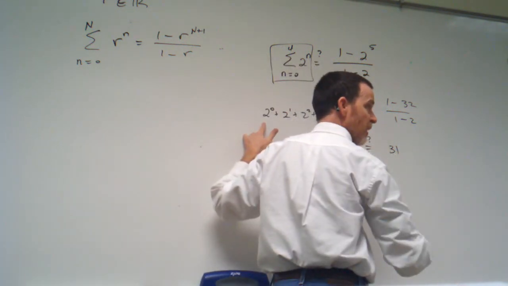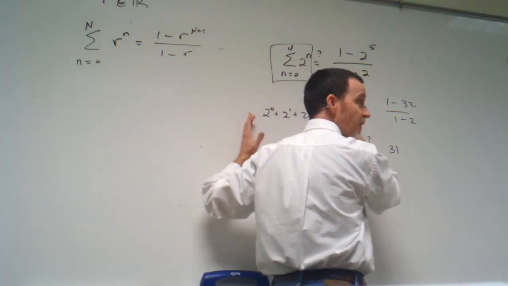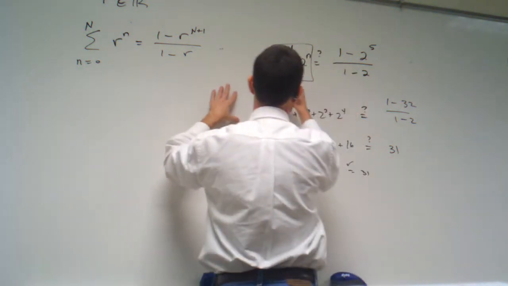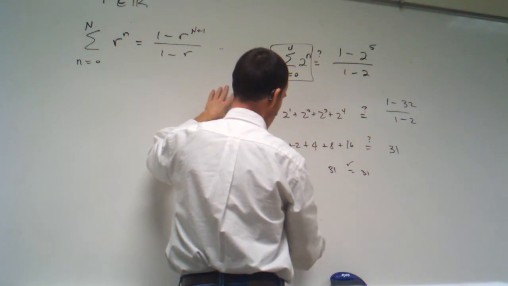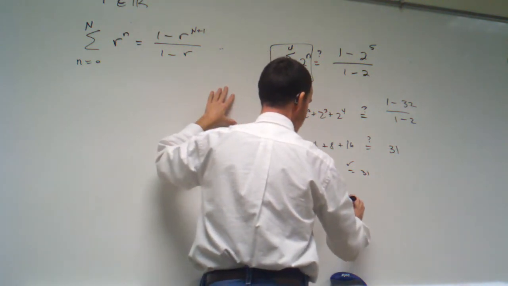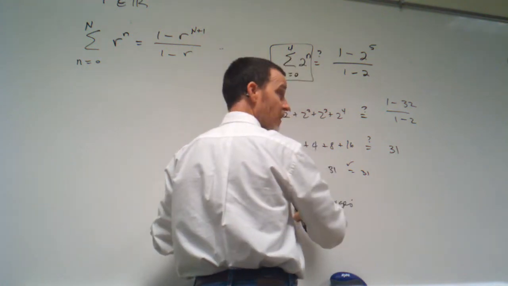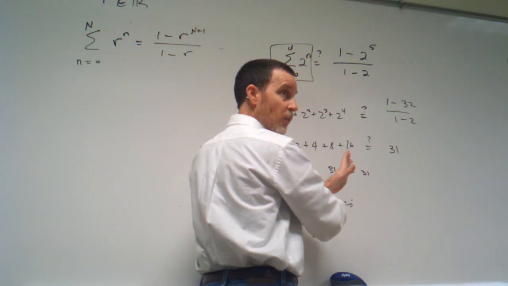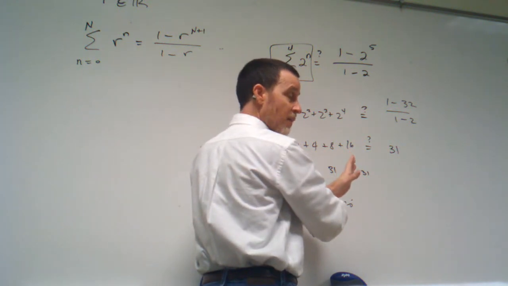At some point, you're adding 2 to the billion. It's going to be infinity, right? It's not going to converge. So the sum from n equals 0 to infinity of 2 to the n diverges. Why? Because this is too big. This is bigger than 1, so you're adding bigger and bigger stuff up every time, right? Common sense. Don't need a mathematical proof of that.